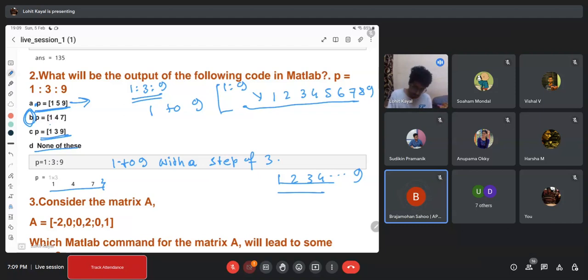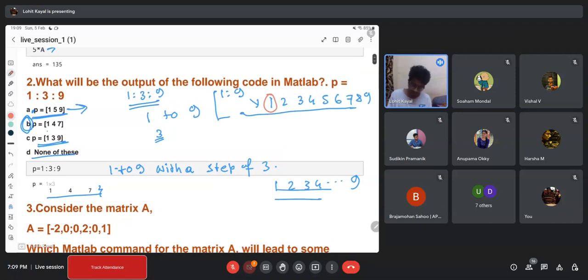Now, whenever you put a 3 inside, or some other number, 2 maybe, 4 maybe, 6 maybe, it will tell you to go from 1 to 9 with a step of 3. Then the first entry will be 1 as usual. But the second entry will be 4 because it is step 3: 1, 2, 3, step 3.